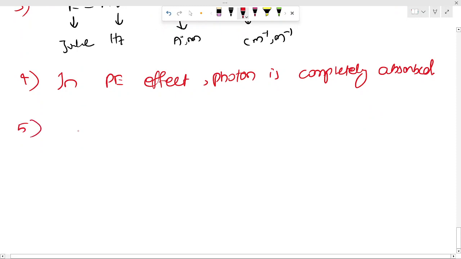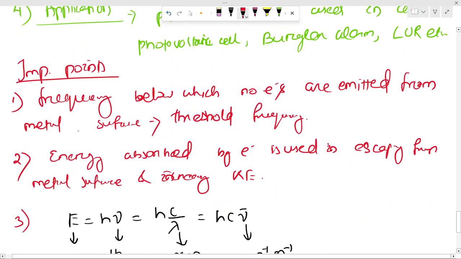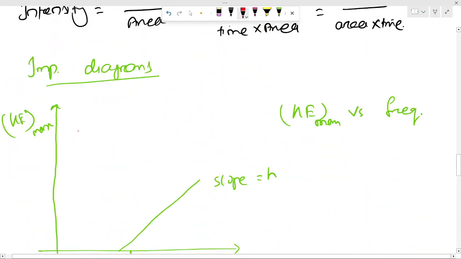And the fifth one is that energy and momentum of photons are independent. Okay. These are all the important points about your photoelectric effect.